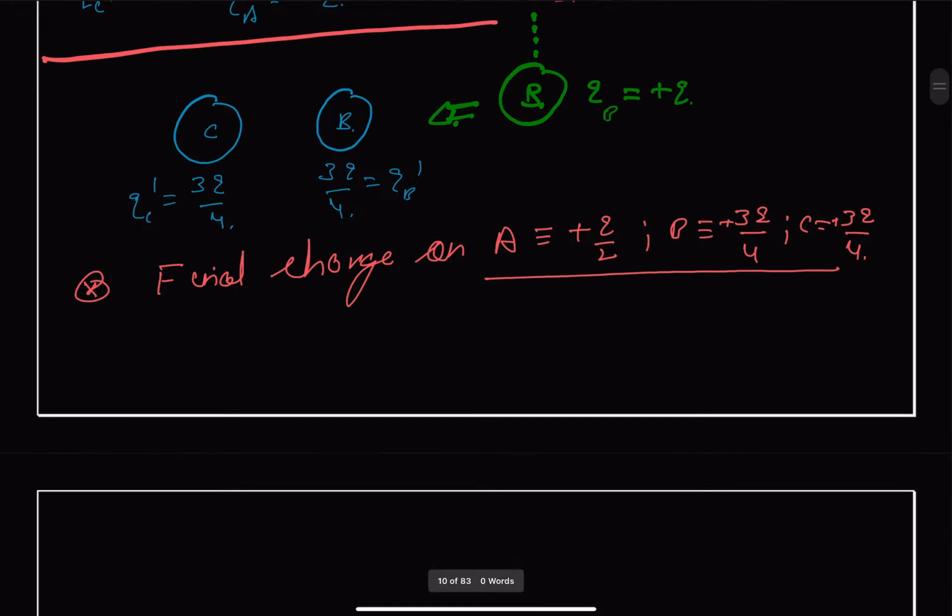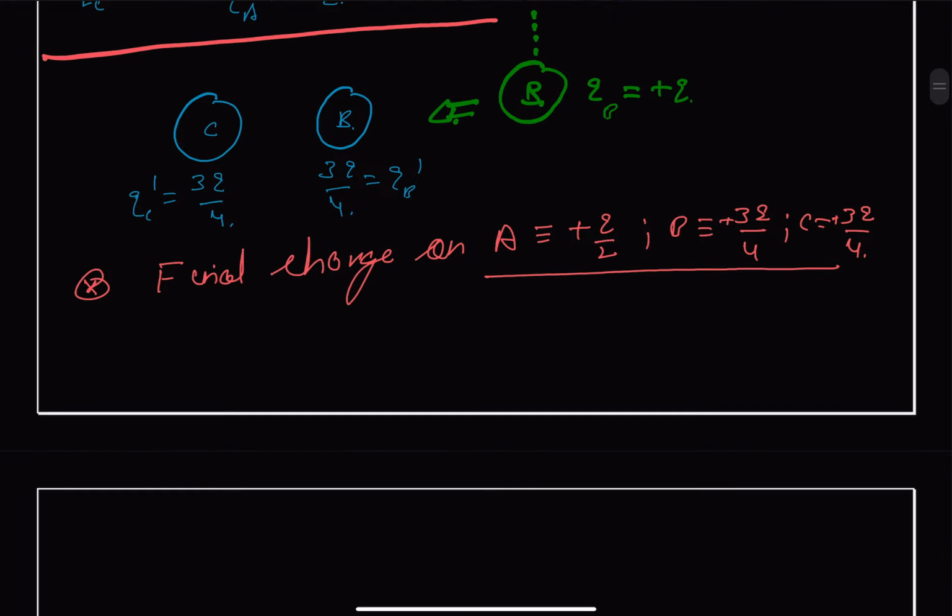Now in the question it is given that the charge C is placed in between, at the midpoint of A and B. So let us suppose we have A and B, and R is the distance between them, and we placed C in between them.